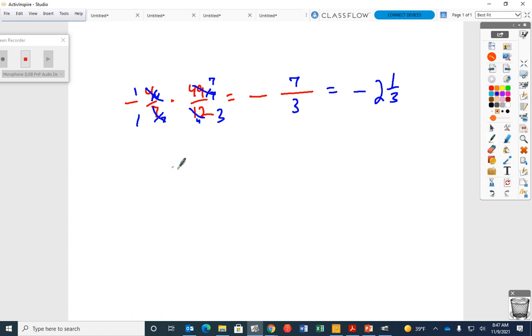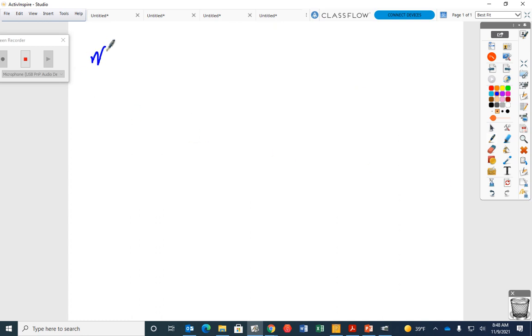Okay. So what's different if I have, this is multiplying mixed numbers, by the way. So obviously yesterday we just had fractions. We're going to add mixed numbers into the fold.